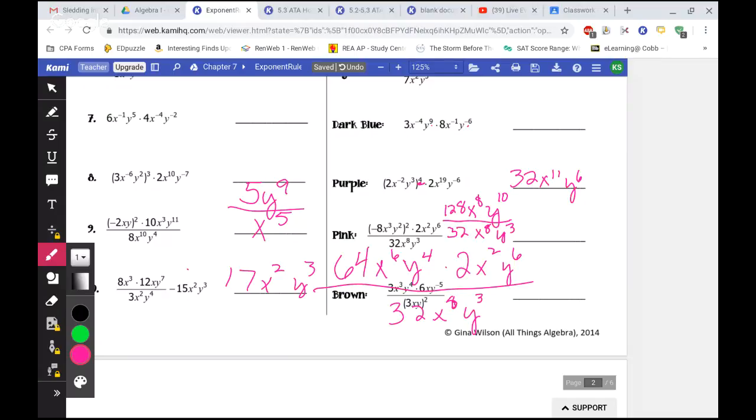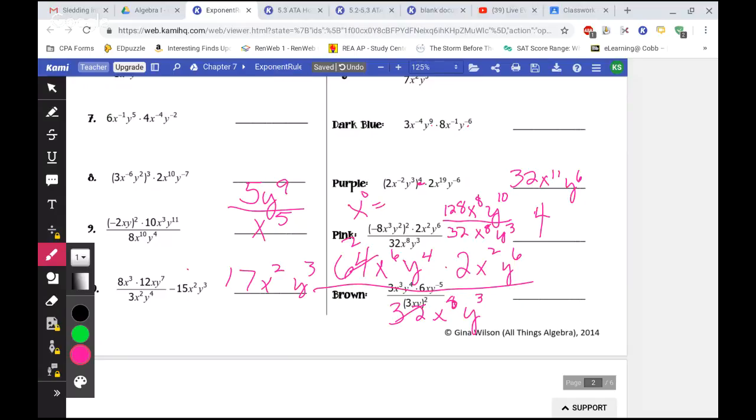32 goes into 128 4 times, or you could even look at it as 32 goes into 64 2 times, and 2 times 2 is 4 from back here if you wanted to do that. But anyway, your end result is 4 if you take 128, divide it by 32. And then 8 minus 8, that gives me x to the 0, which is always what?